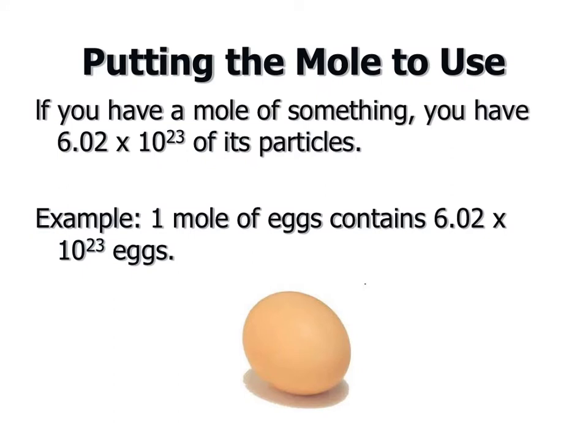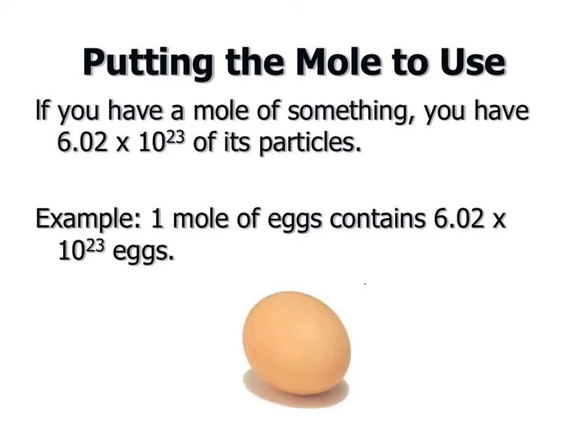So, using the unit the mole, if you have a mole of something, you have 6.02 times 10 to the 23rd of whatever that something is. It's like when you say you have a dozen eggs, you know you have 12 eggs. If I say I have a mole of eggs, then that's communicating to someone else that you have 6.02 times 10 to the 23rd eggs.